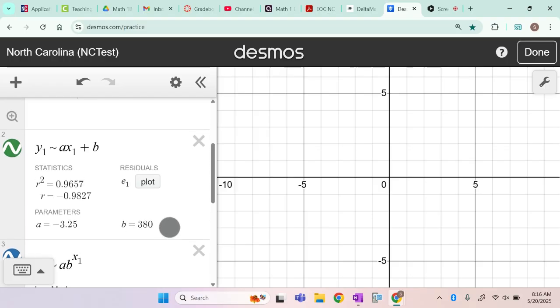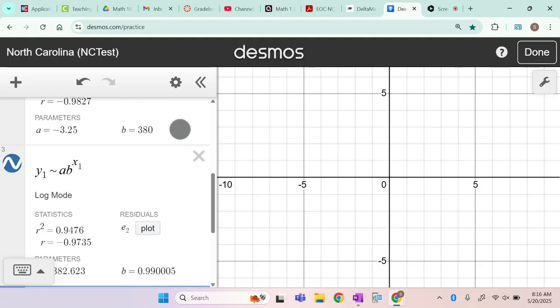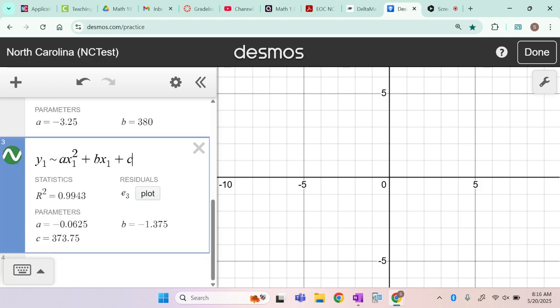Now, linear is 0.9657. Exponential is 0.9476. So is exponential a better fit than linear? Yes or no? Which one's closer to 1? The linear. So we can throw exponential out.